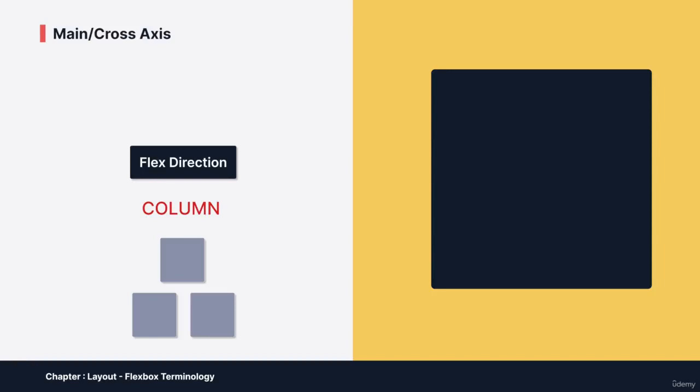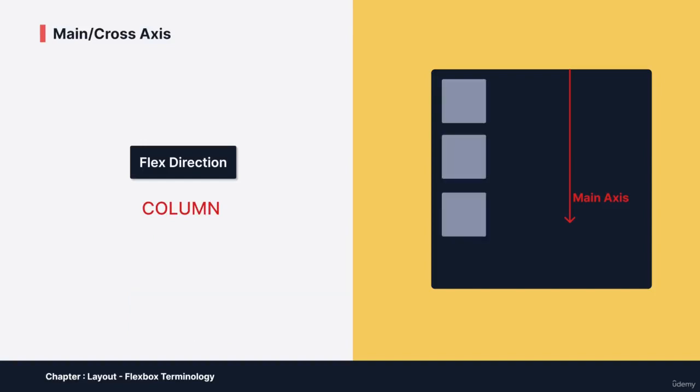Because we set the flex direction to column, we know that the main axis is the vertical axis, and that means this is how the elements should be distributed, and that's what you would end up with. This is one of those rules I was speaking about, right? The rules follow the main axis, and the rule says wherever your main axis is pointing, align your elements in that direction.